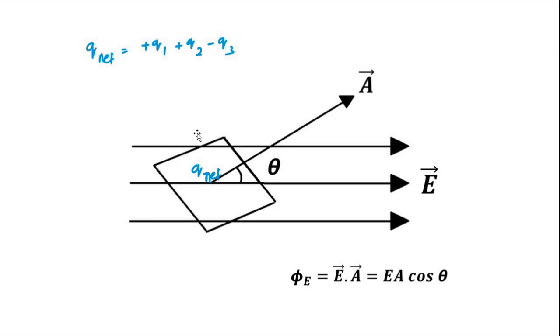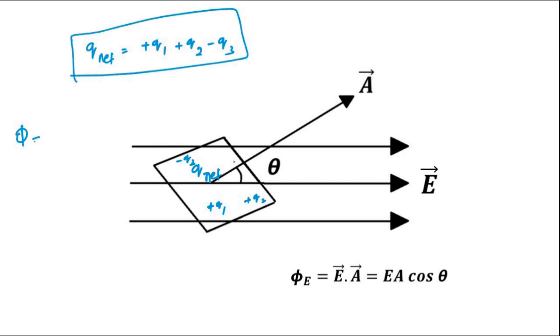So this is the closed surface, and here there are three charges, plus Q1, plus Q2 and minus Q3. So if we want to determine the electric flux, we simply do 1 by epsilon 0 times plus Q1 plus Q2 minus Q3, which is the net charge, and we'll get the result.